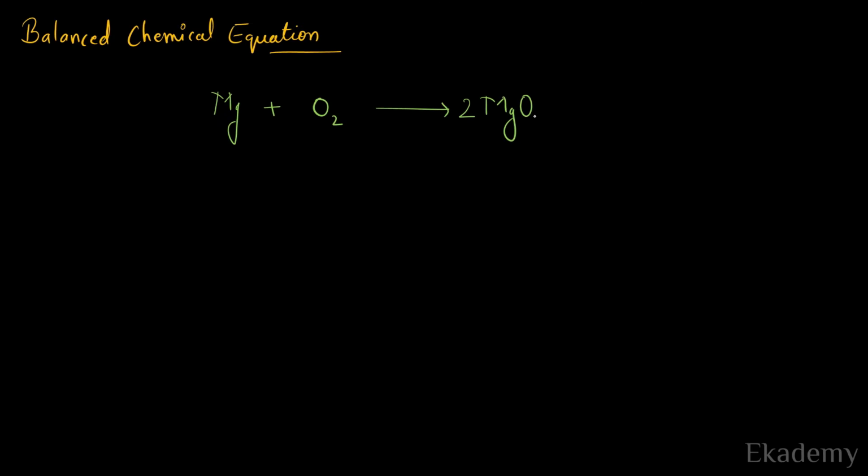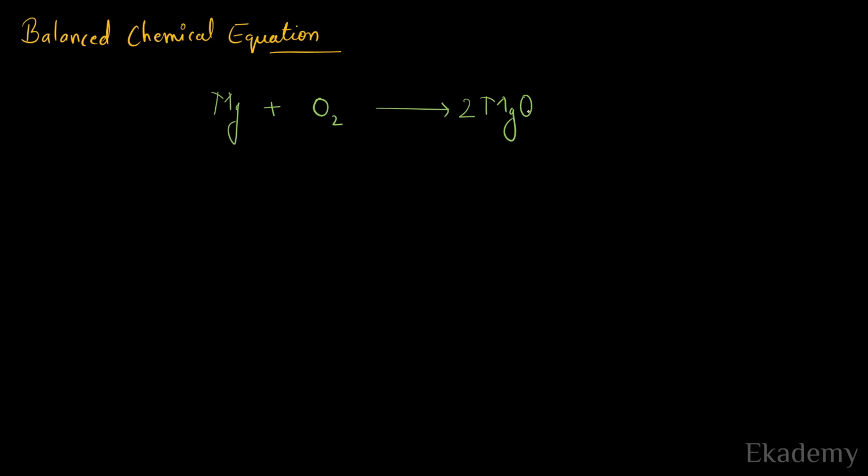We cannot put it here because that will alter the chemical composition of the compound. Then this compound is no longer magnesium oxide. The formula of magnesium oxide is MgO only. And as soon as we have written 2 as a coefficient before the formula of magnesium oxide, this 2 belongs to both magnesium as well as oxygen.